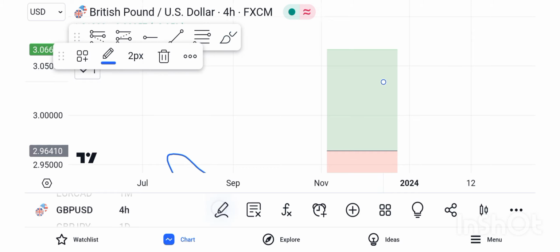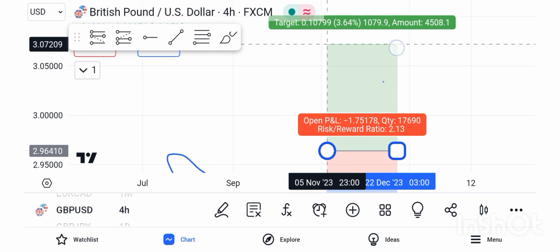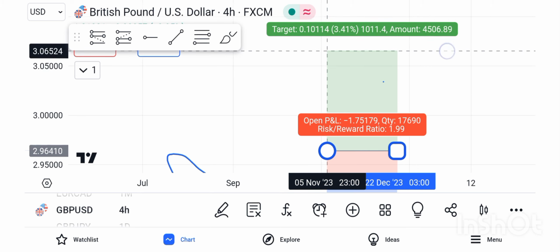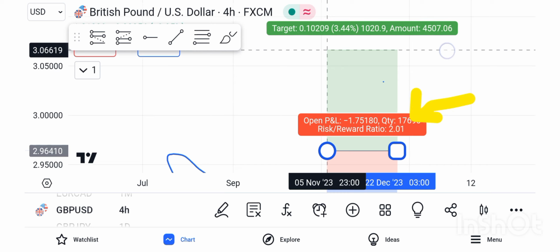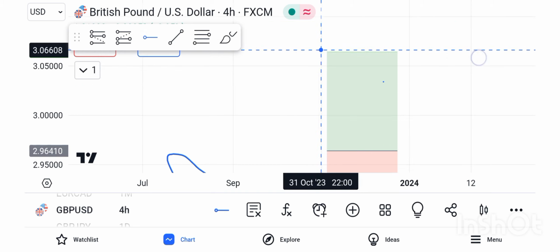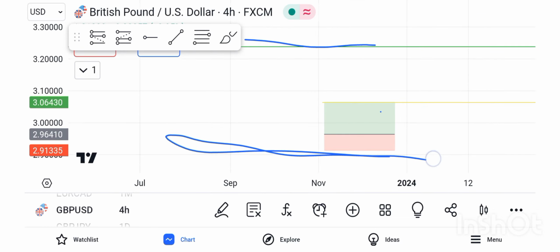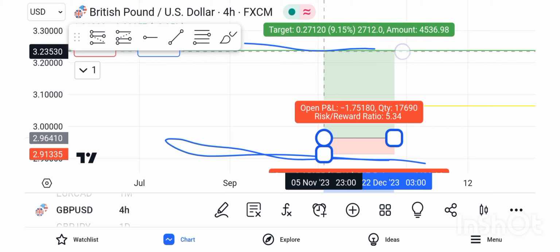Okay, this area, see this 1:2 here? That area. You see where I'm circling that area. So you could take your first profit there, just put a mark there and then allow the rest to run to this.